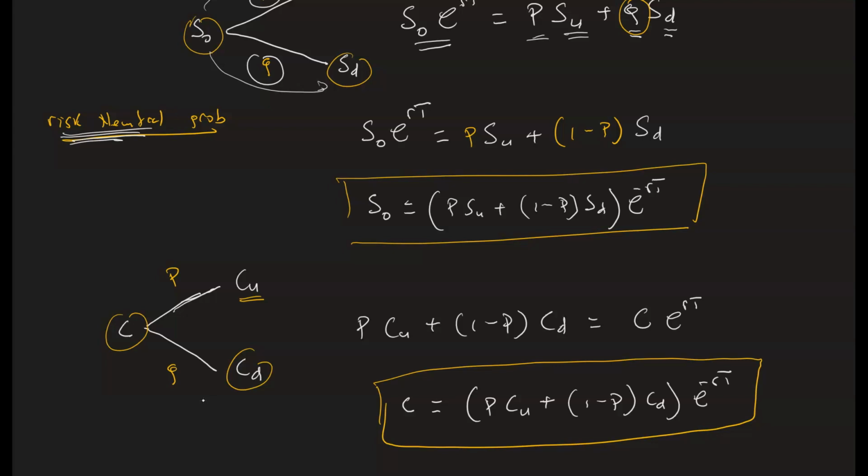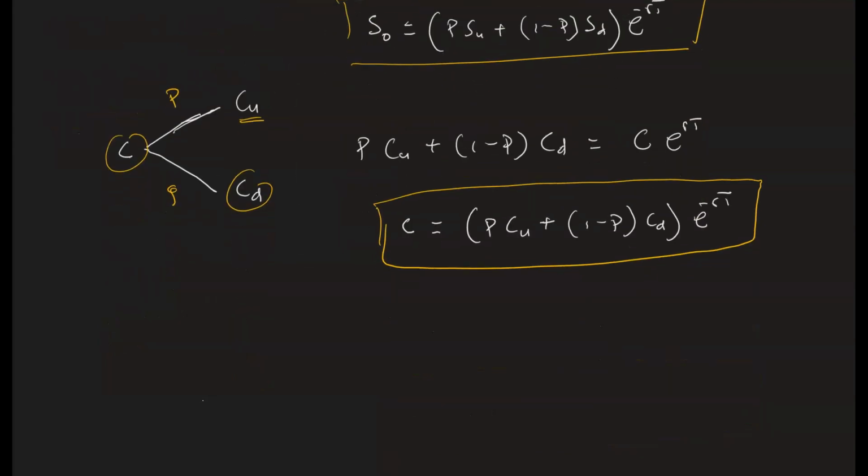And you would do the same thing for a put, right? For the put option value, we have a put option that can either go up to put up, or, if the stock price increases, go to put down. And so our put option value is essentially going to be equal to P, the probability up, multiplied by put up, plus 1 minus P multiplied by put down, and then we take the present value.